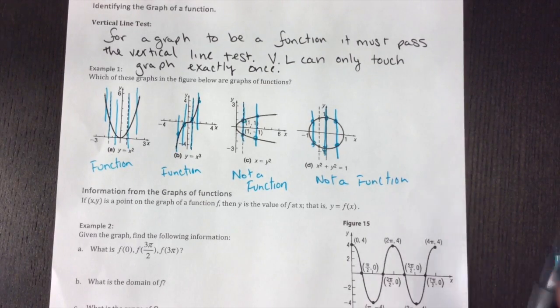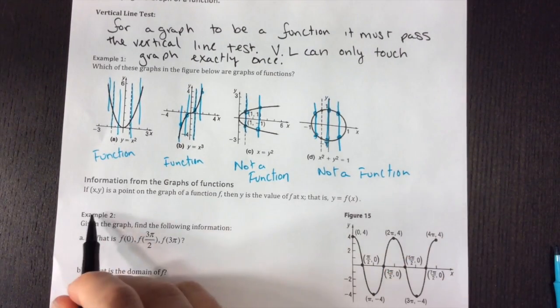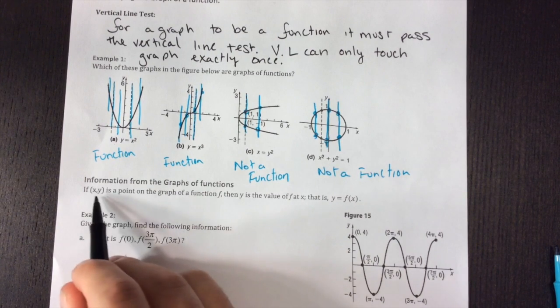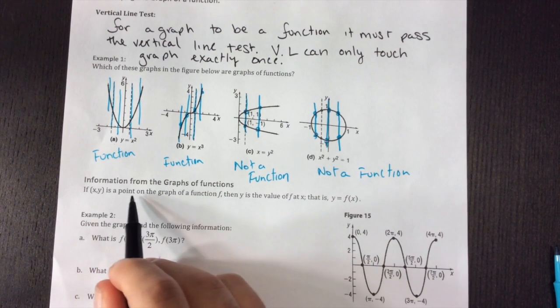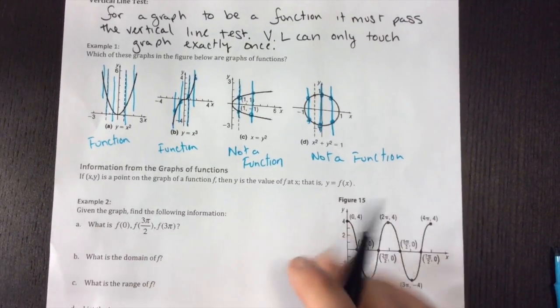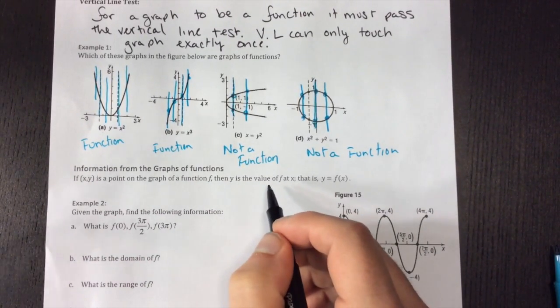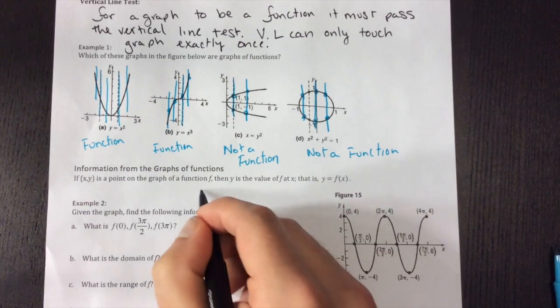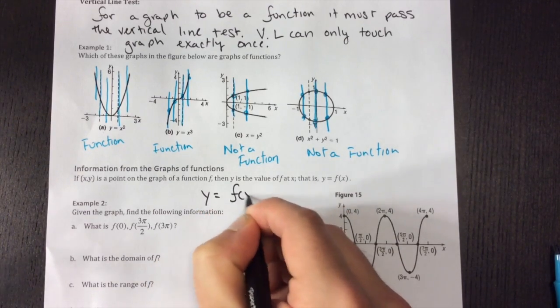And just as a reminder from level 2.1, if we're given information as a point, so (x, y) is a point on the function f, then just to be more specific, we say that y is the value of f at x, or y equals f of x.